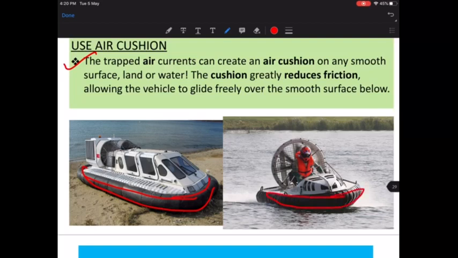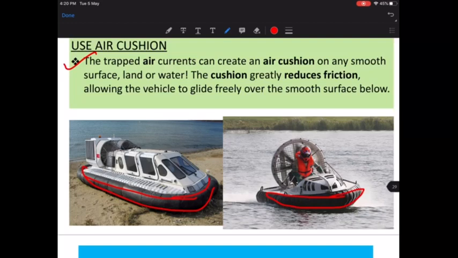So that air actually keeps it slightly floating over the water, right? So these air cushions are also used many times in the aircrafts also, okay? Because there is air inside it, so it acts as a cushion.